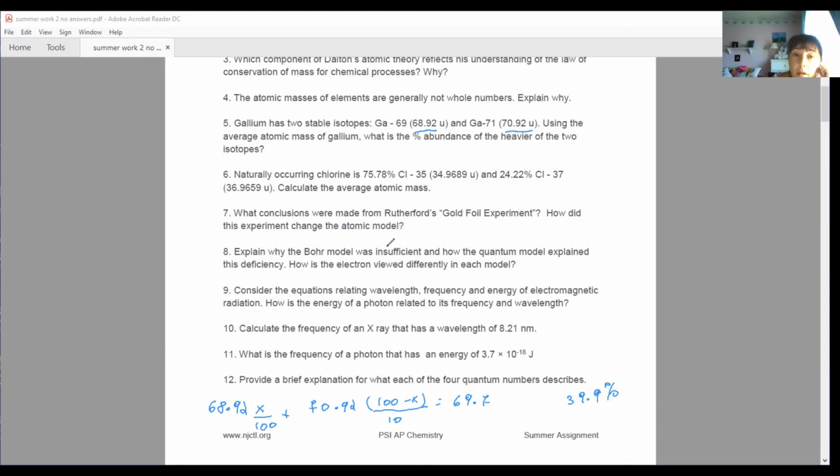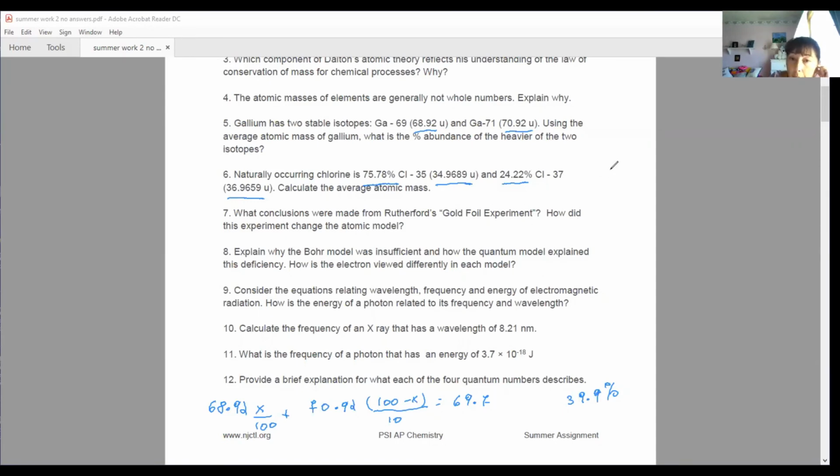Then number 6, naturally occurring chlorine is present for 75.78% of this mass, and 24.22% of this mass. Calculate the atomic average mass.